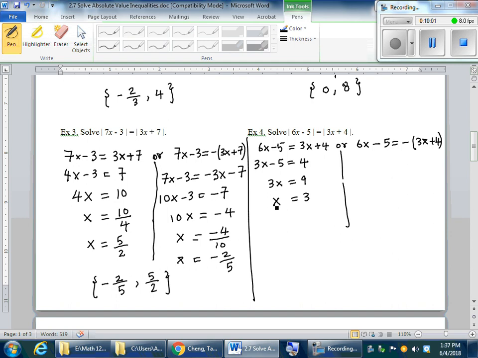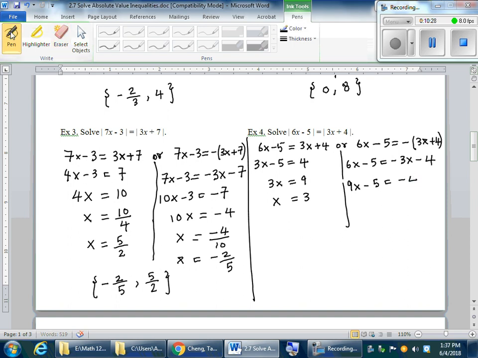For the second equation, first, we distribute a negative sign, which is 6x minus 5 equal to negative 3x minus 4. Adding 3x to both sides, that will become 9x minus 5 equal to negative 4.